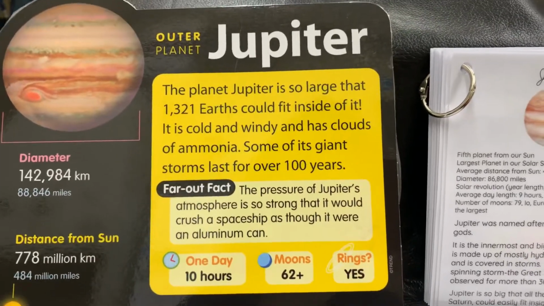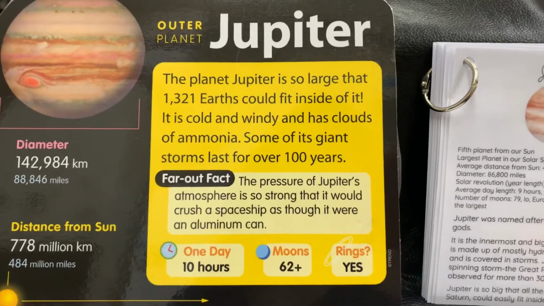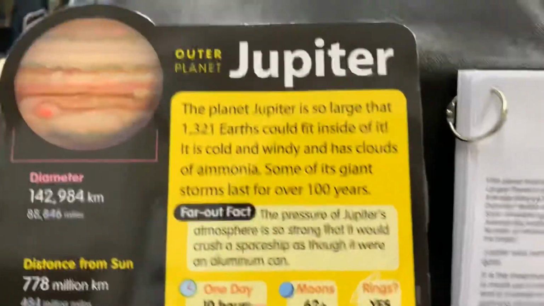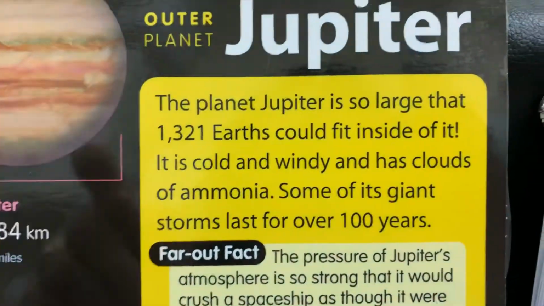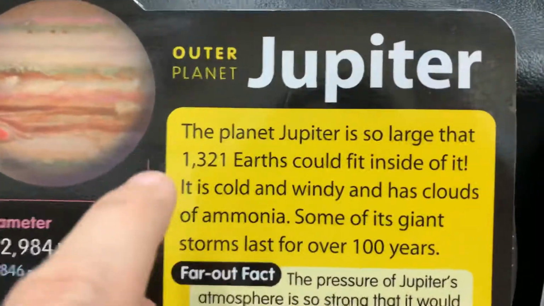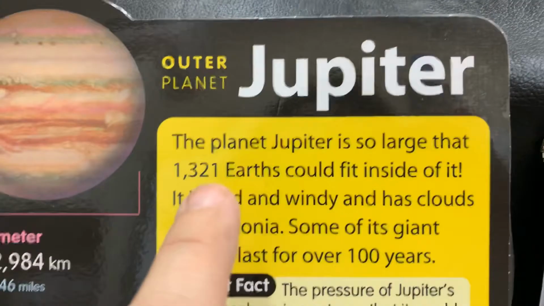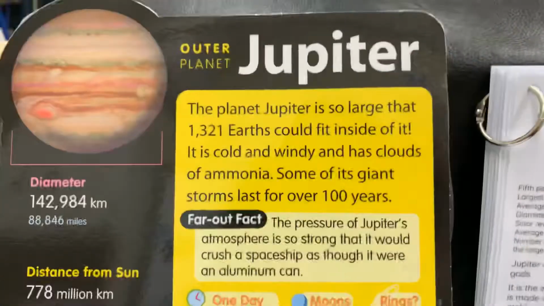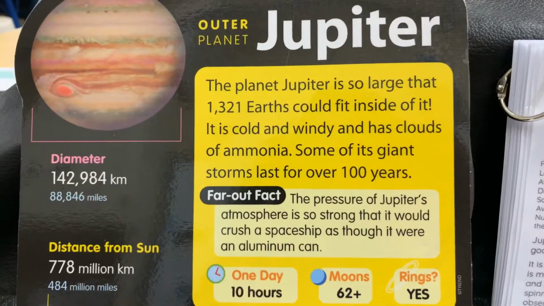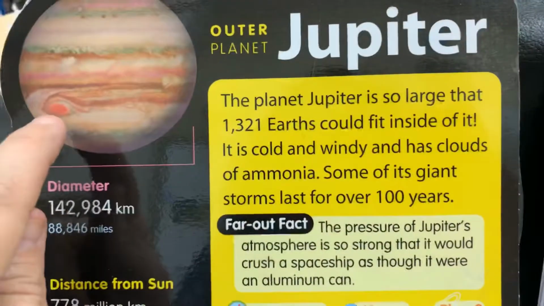All right. Tell one interesting fact about your planet. Could you tell this? The planet Jupiter is so large that 1,321 Earths could fit inside of it. What did we also learn about its big red spot, the storm?